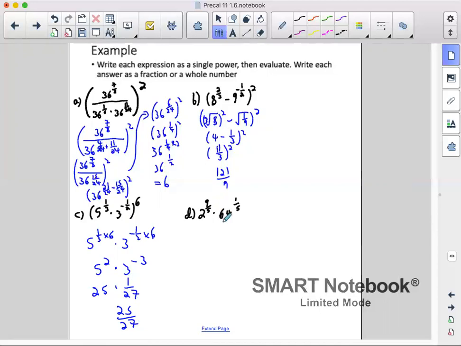Next one, we have 2 to the power of 9 over 5. So that's a 5th root of 2 to the power of 9 times the 5th root of 64.